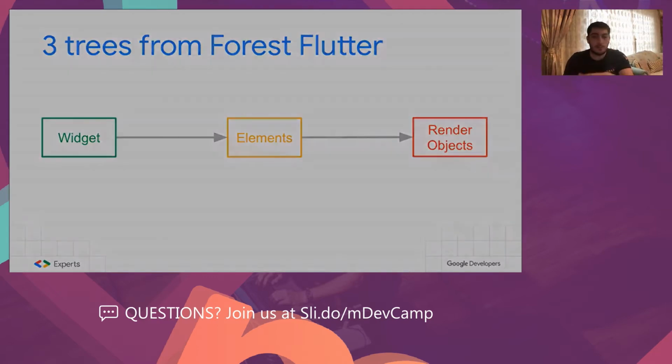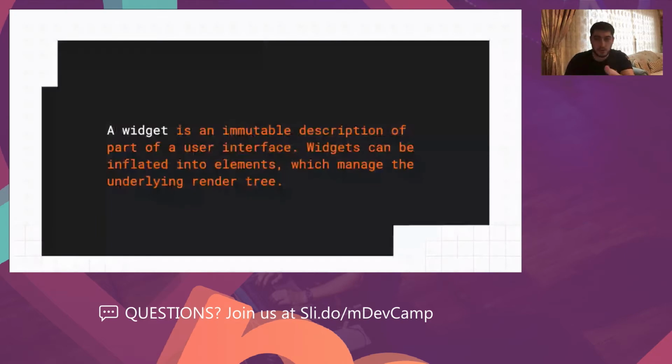If you have done at least one Flutter project, you have heard about it, I'm sure. A widget is basically the immutable description of a user interface. So whatever you have on the screen as a descriptive UI is basically a widget. Each part of the application can be a widget, and widgets can be inflated into elements, and we will see now what an element is.